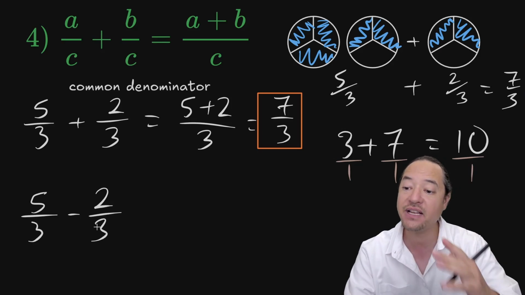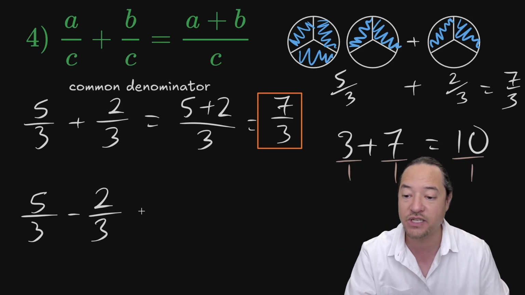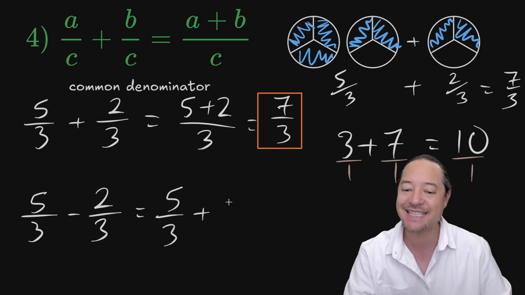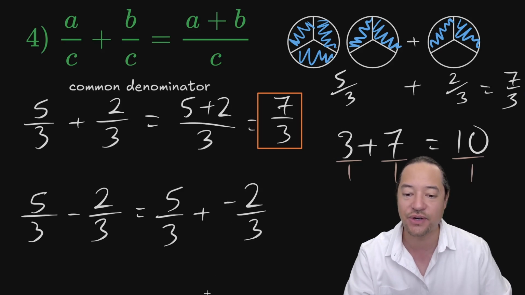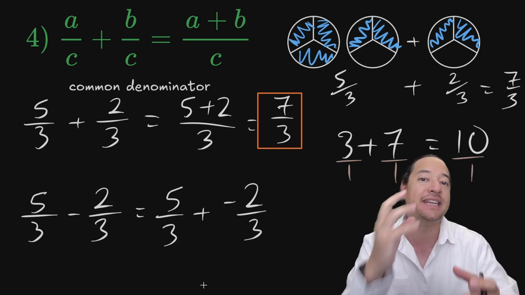We want to think of this not as subtraction, but as addition. We're going to transform this into addition. We're going to say this is 5/3 plus negative 2/3. So we think of subtraction as the addition of a negative number.